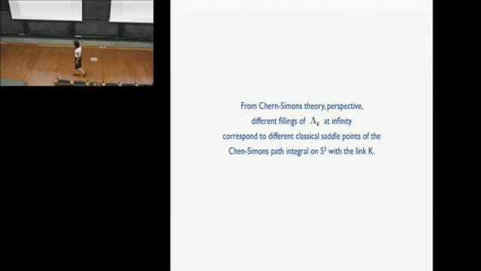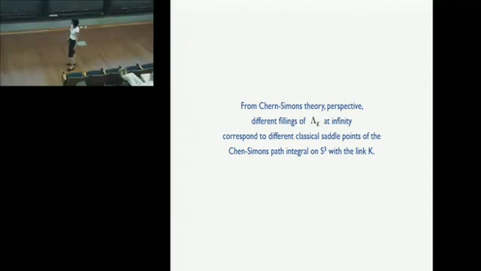Now, from Chern-Simons' perspective, the different fillings correspond to different classical saddle points of the Chern-Simons path integral on S3 with the link. More precisely, just to answer your question, I think there are also some components of lower dimension, but they don't actually have any geometric meaning. They're sort of accidental. Okay, so it's only the half-dimension components that actually are meaningful.